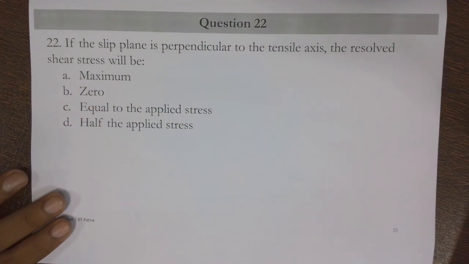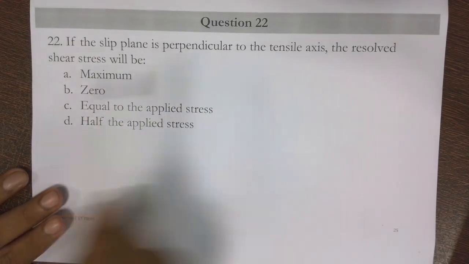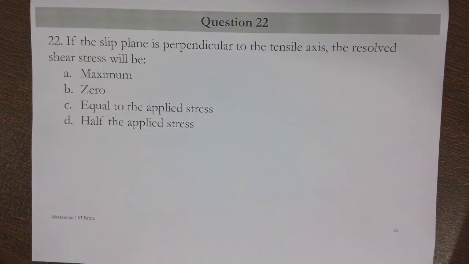Let's go to the next part, question number 22. If the slip plane is perpendicular to the tensile axis, the resolved shear stress will be. What we have discussed, two things.